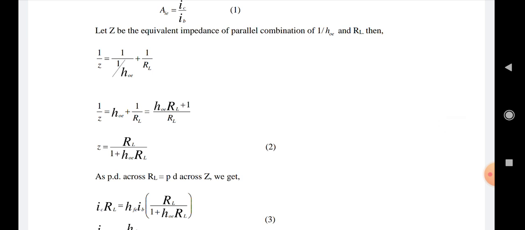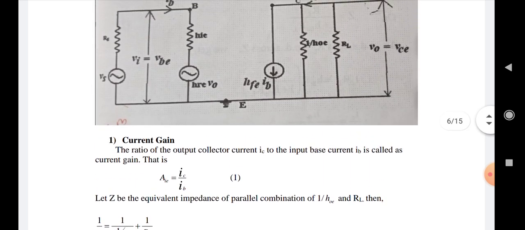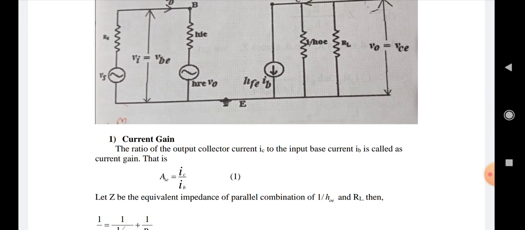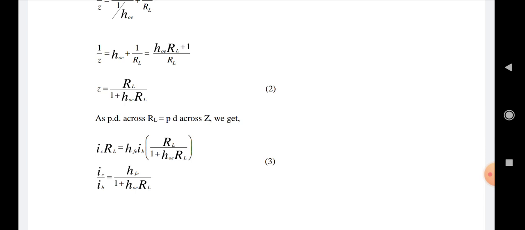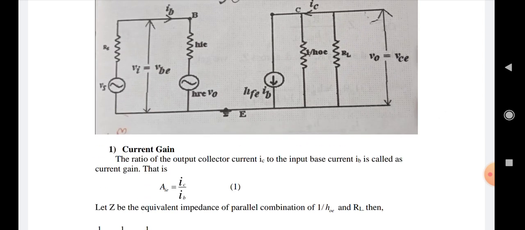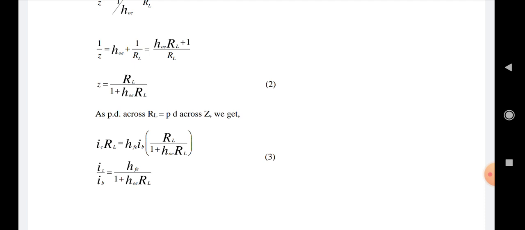From this figure, the potential difference across the RL is equal to the potential difference across the equivalent impedance Z. Means the potential difference across the load resistance is equal to the potential difference across Z. So IC into RL is equal to HFE IB multiplied by RL upon 1 plus HOE RL.